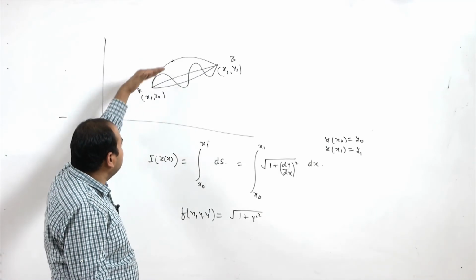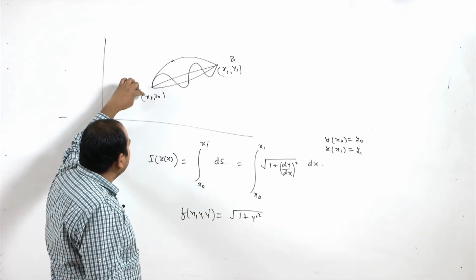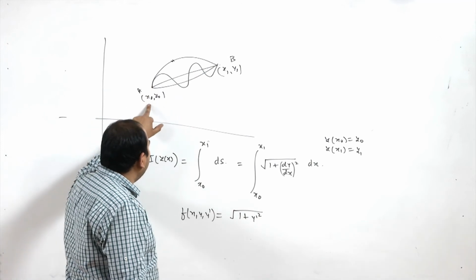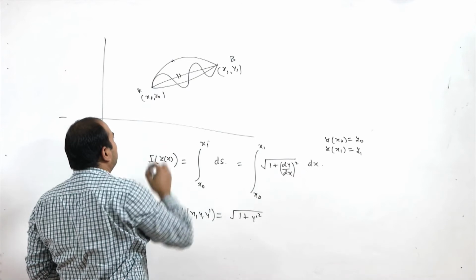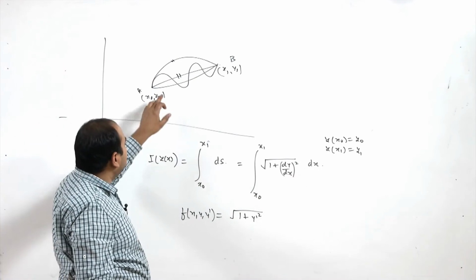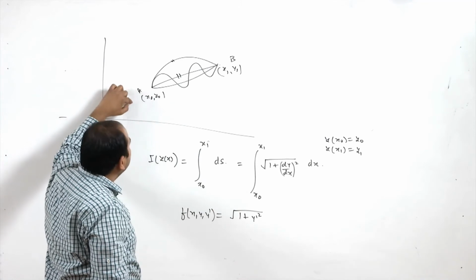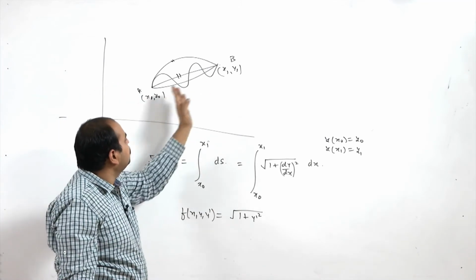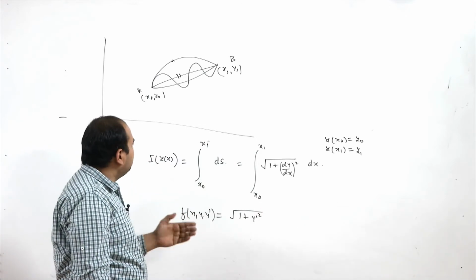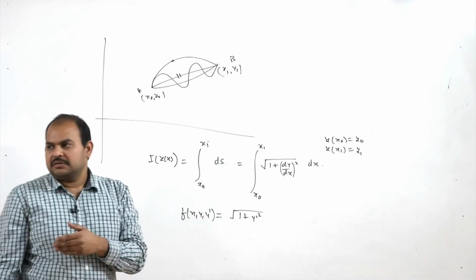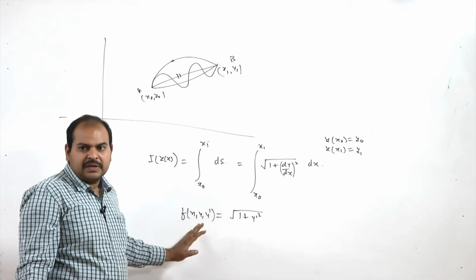So in this particular case, the shortest curve joining these 2 points A and B is the straight line. We already know that the curve having the shortest length joining any 2 points is a straight line, and with the help of this case we are able to prove that it comes out to be a straight line only.